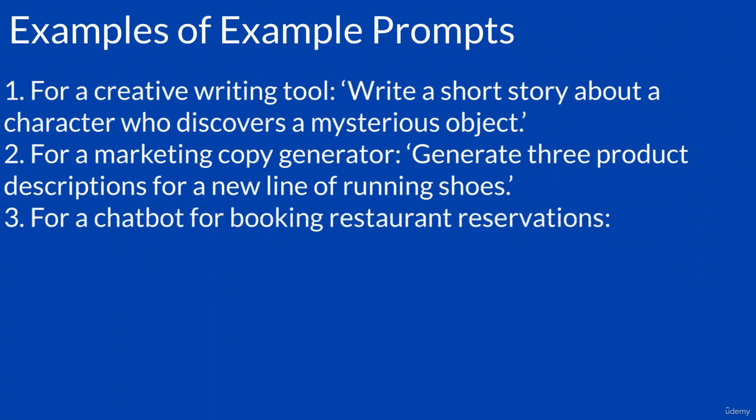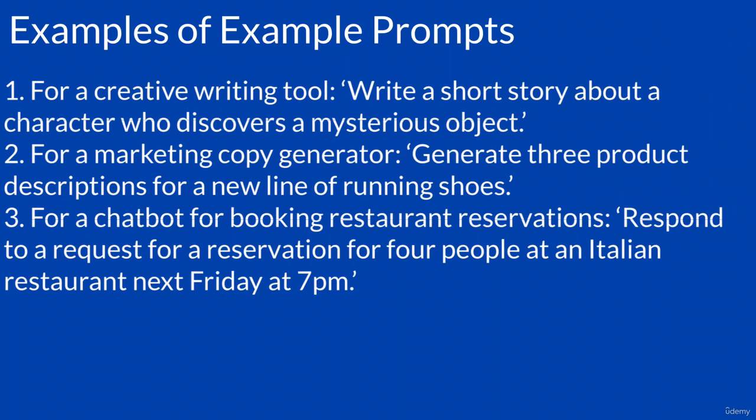For a chatbot for booking restaurant reservations, respond to a request for a reservation for 4 people at an Italian restaurant next Friday at 7 p.m. By providing these clear and relevant examples, you can help guide the AI language model towards generating more accurate and appropriate responses. Example prompting is a powerful technique that can help you achieve your desired outcomes more quickly and effectively.